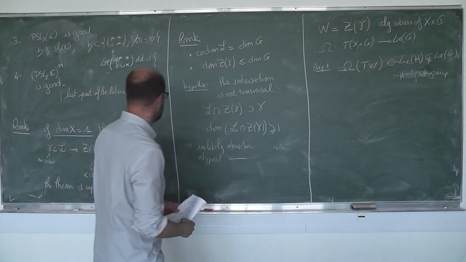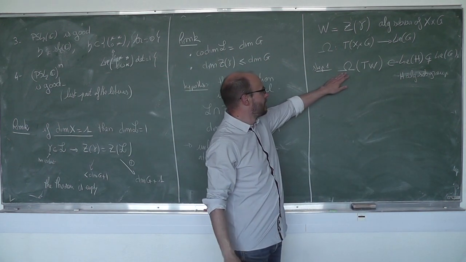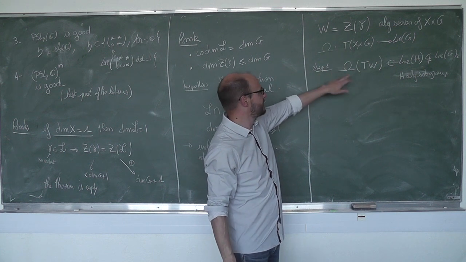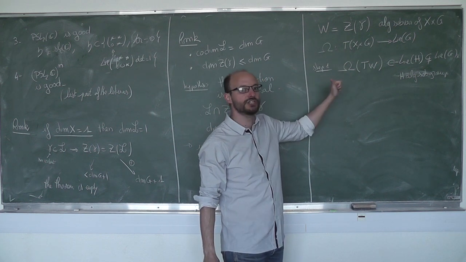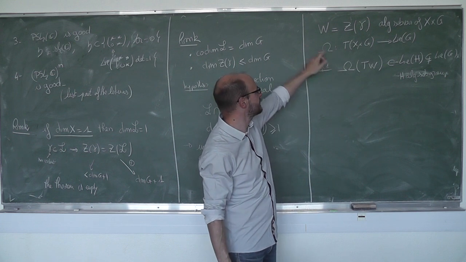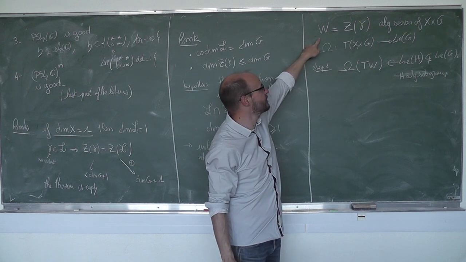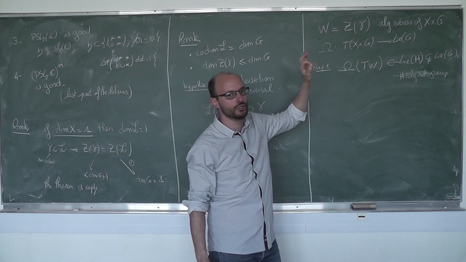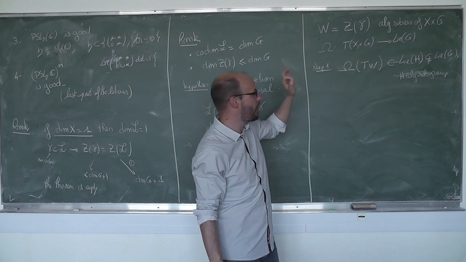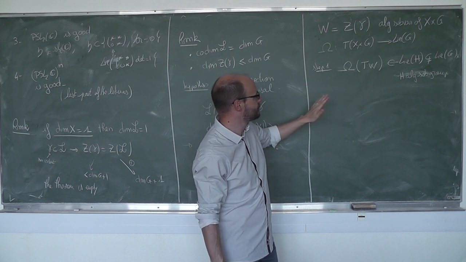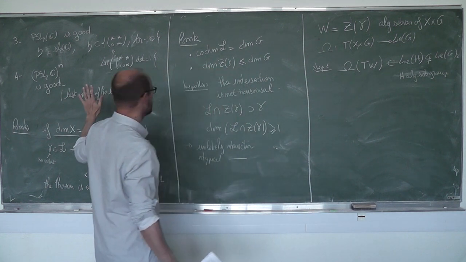The three ingredients here will be, first, the equation satisfied by omega. Second, the fact that omega is nothing but the Zariski closure of a curve in the leaf. And the third is the fact that we are working with good groups.